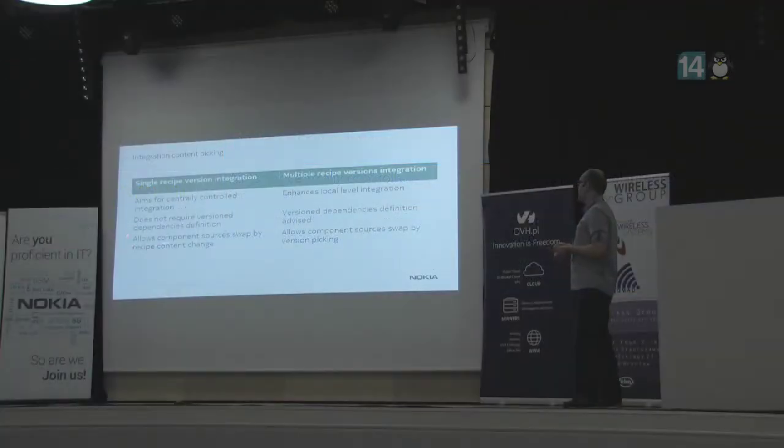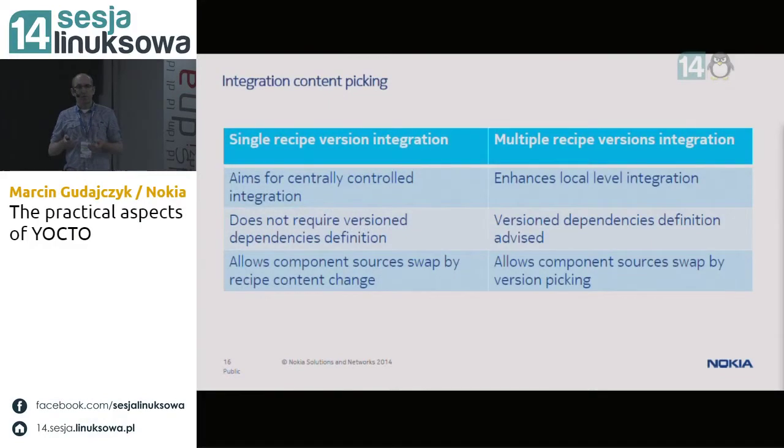The first approach allows substituting component sources because, of course, we want to have the possibility to also define which element of the build we want to substitute, either manually or in some kind of automatic way.